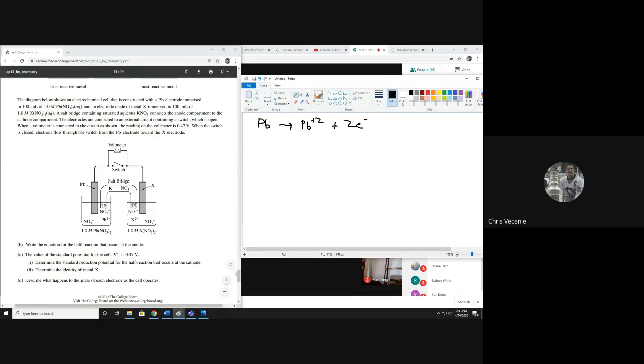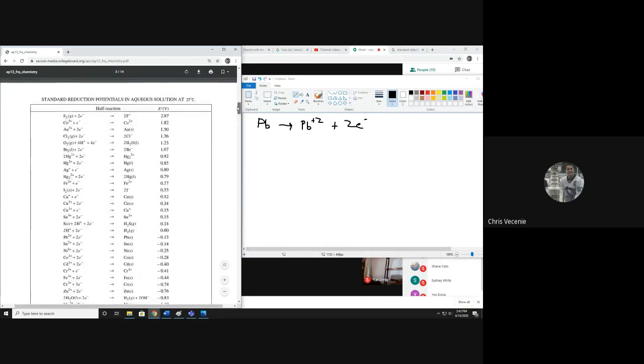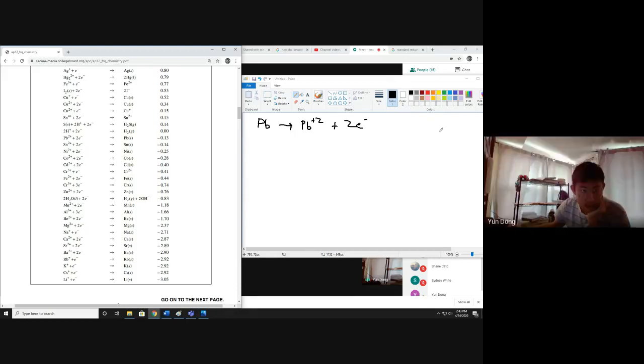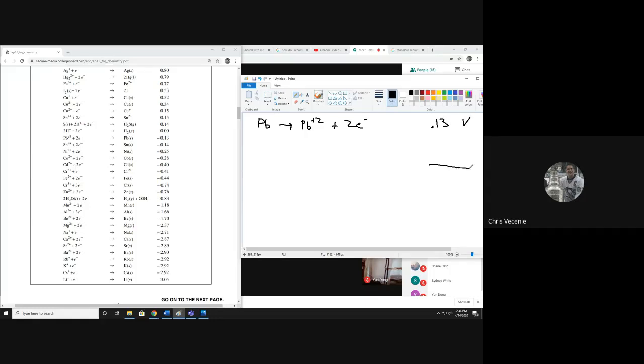All right, we go back up here. We see what that potential is. All right, so you scan. Where do you guys see Pb and Pb plus 2 at? Under the H2 plus 2 electrons. Right here. Is it written the same way or is it backwards? Backwards, which means what do we do to the 0.13 negative? Flip it. So we know that is that.